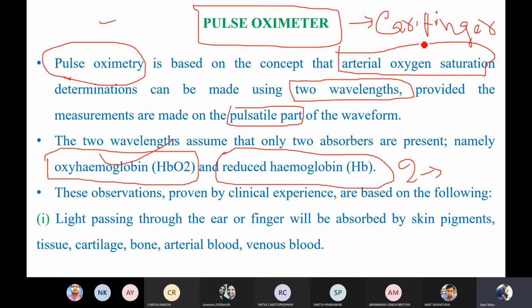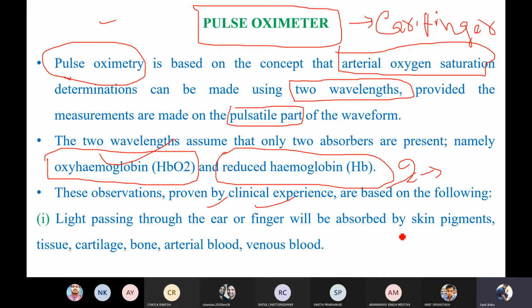We are not going to attach the pulse oximeter to any other part, because these two are very suitable, because the light can pass easily through these two parts. If you connect it to any other part, the light is not able to pass from one end to the other end.